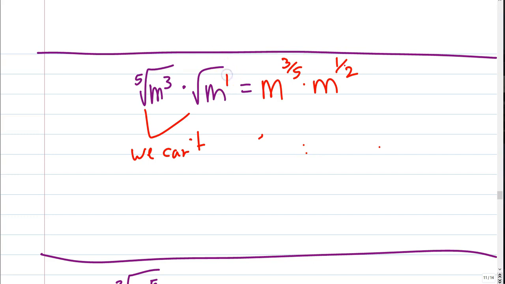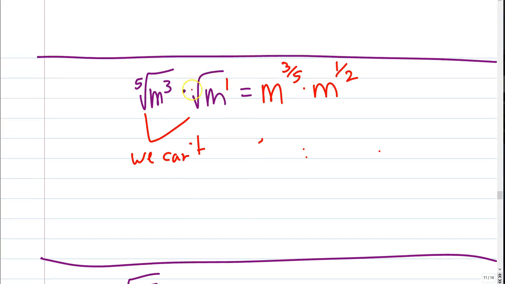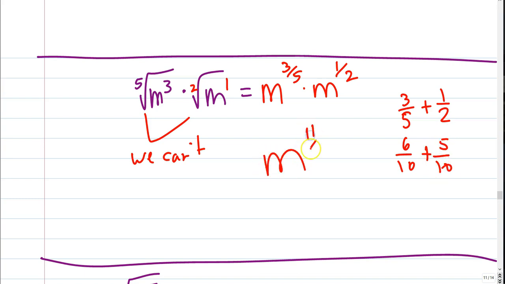Exponent 1, root 2, denominator. Okay? Now I can get an answer to this if I can do what with these? Add 3/5 plus 1/2, common denominators, 6/10 plus 5/10. How about m to the 11/10?